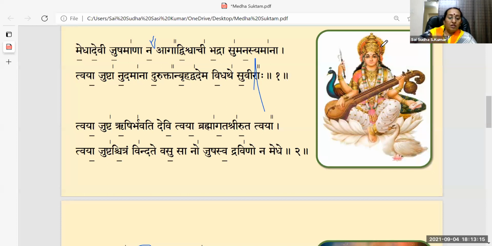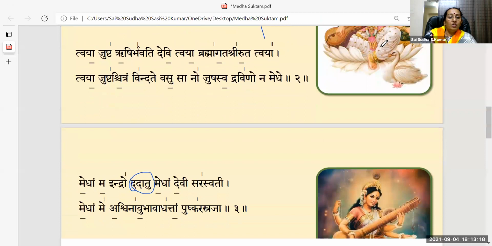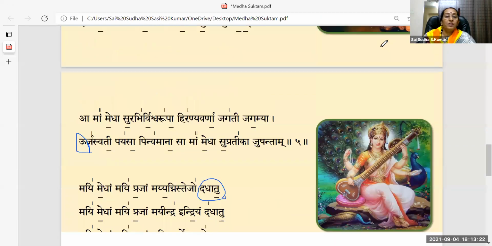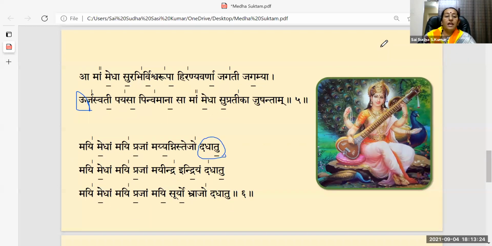Then we are praying to Lord Indra to give us this intellect, and also to the Ashwini Kumars.